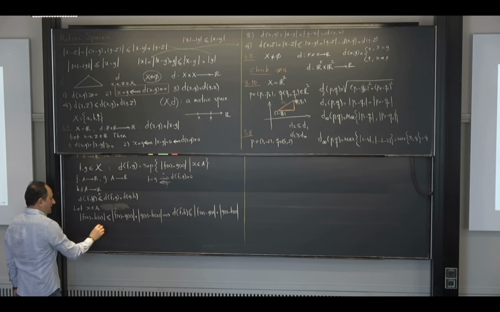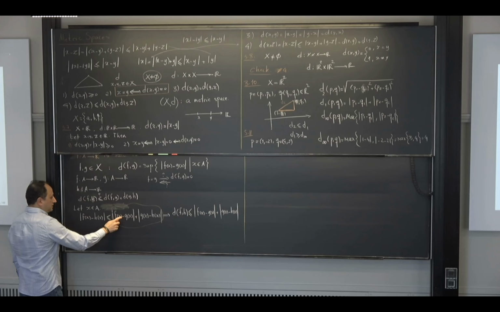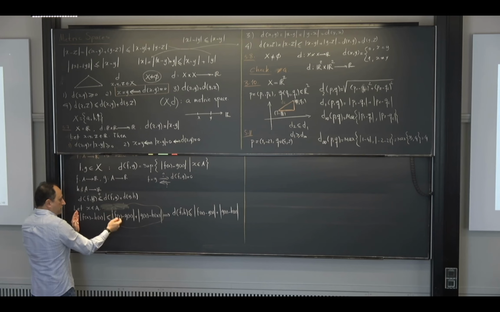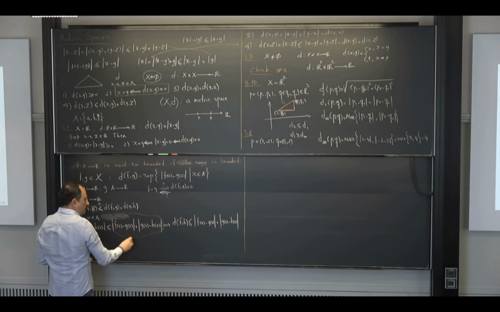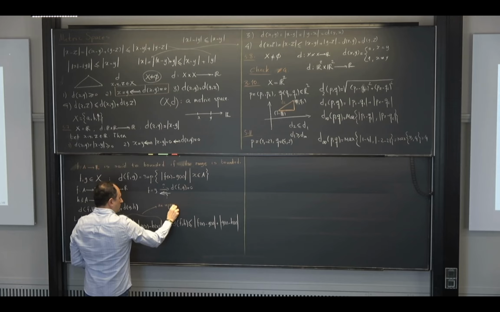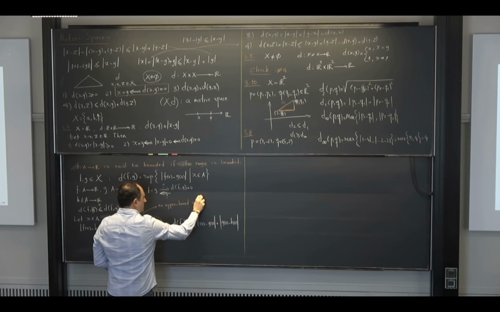Because when I say that this number is always greater than or equal to that number, this means that this is an upper bound for this set. So this means that this is an upper bound of this set.